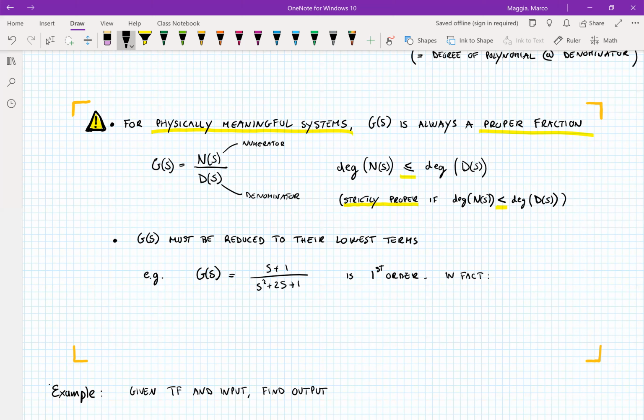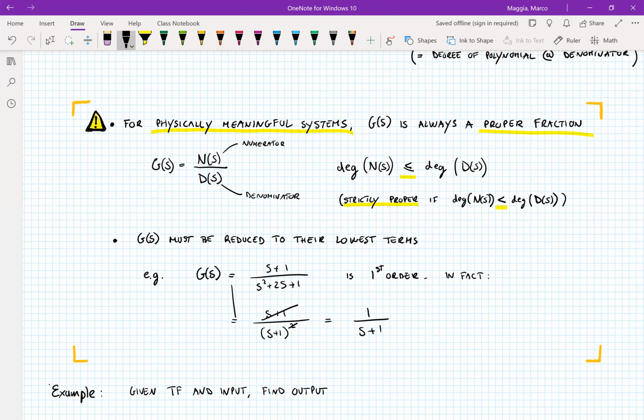However, this is a first order system because we can simplify things. So if you decompose the denominator, you'll see that this is just s plus 1 squared. So s plus 1 at the numerator goes away, and g of s is simply 1 over s plus 1.